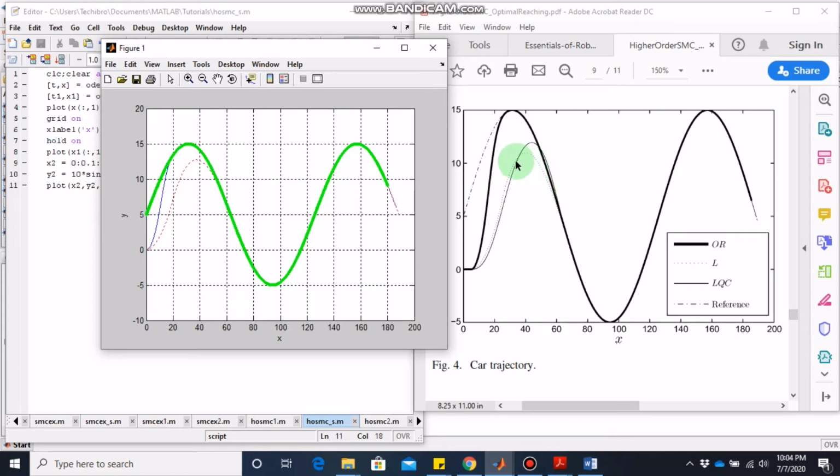Alright, so here you can see there is some slight difference at the beginning between our control and the control in the paper, and let me show you where this difference comes from.